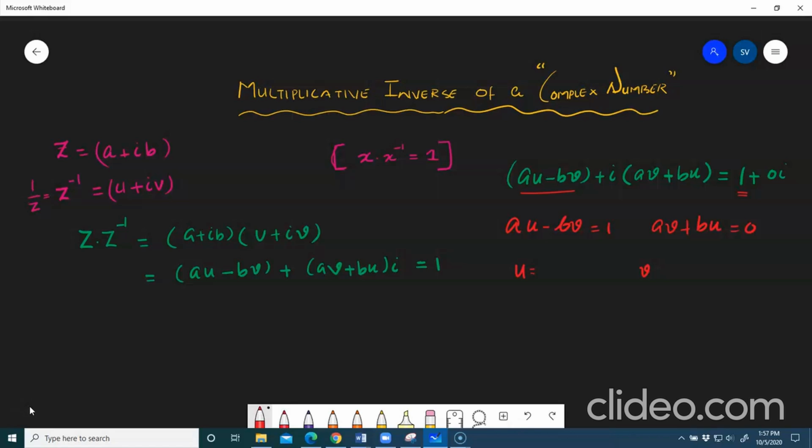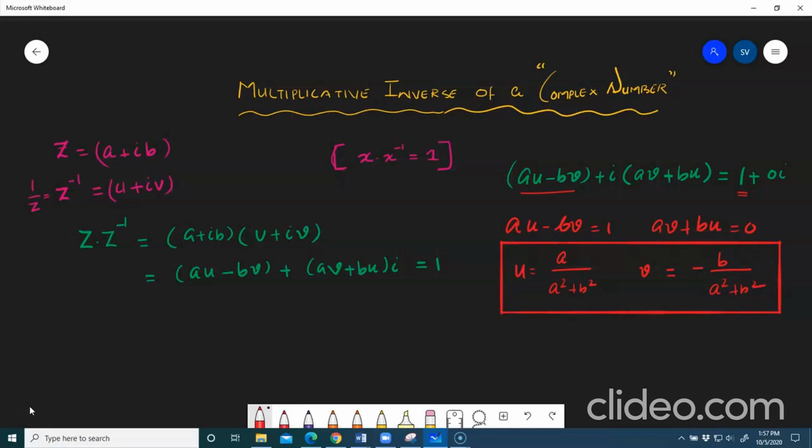So when you are solving that, you will get u is equal to a over a square plus b square, and v equals minus b over a square plus b square. This is very important information you should have when you are approaching a complex number inverse problem.